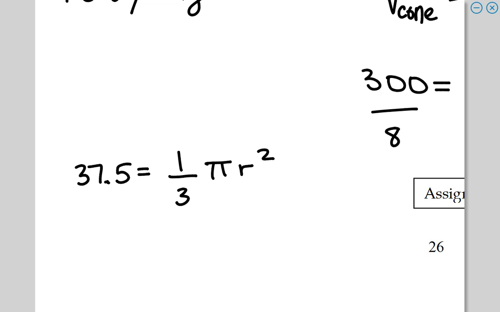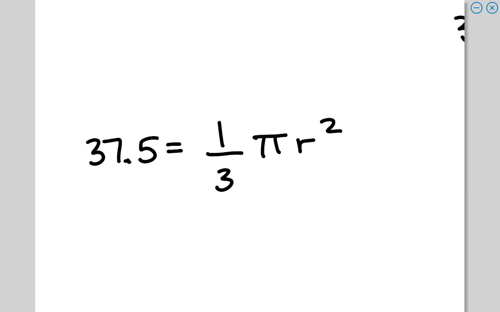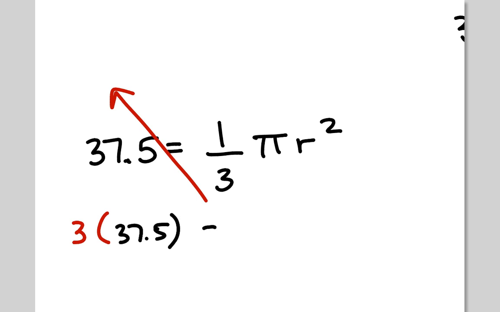Do you see how the 3 is downstairs on the right? So it goes upstairs on the left. How do you guys feel about that? Okay, you could also divide out 1/3. Dividing out 1/3 is the same as timesing by 3.